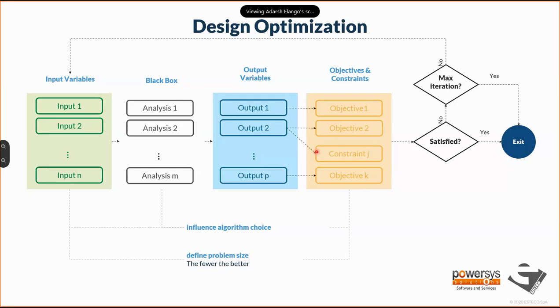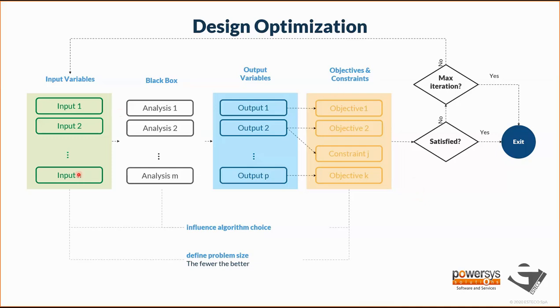If you go through this one loop for a given input variable combination, you come up with a set of values for all of these outputs. Then you ask whether you've satisfied your objectives or constraints, and also whether you have exhausted all the computational resources that you thought you would use. If the answer is no, you go back and repeat the whole process over and over again until you meet your objectives and constraints. That is what design optimization looks like.